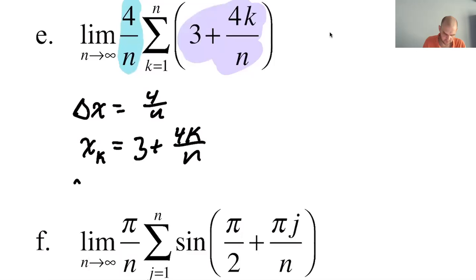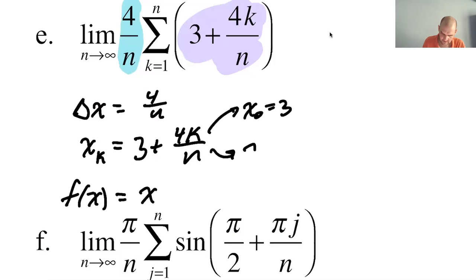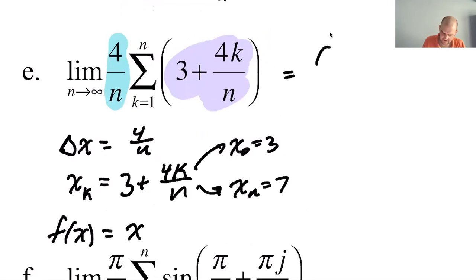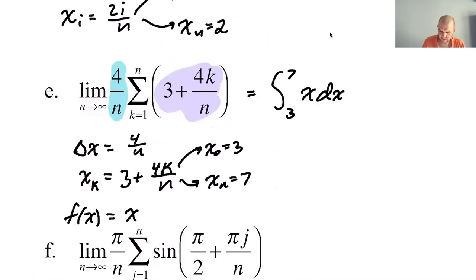And then if that's the case, what's f of x? Well, you're just doing x sub k, so it must just be x. So here, x0 is 3, xn is 3 plus 4, so 7. So this, I think, is the integral from 3 to 7 of x dx, which you could 100% do by hand, right?